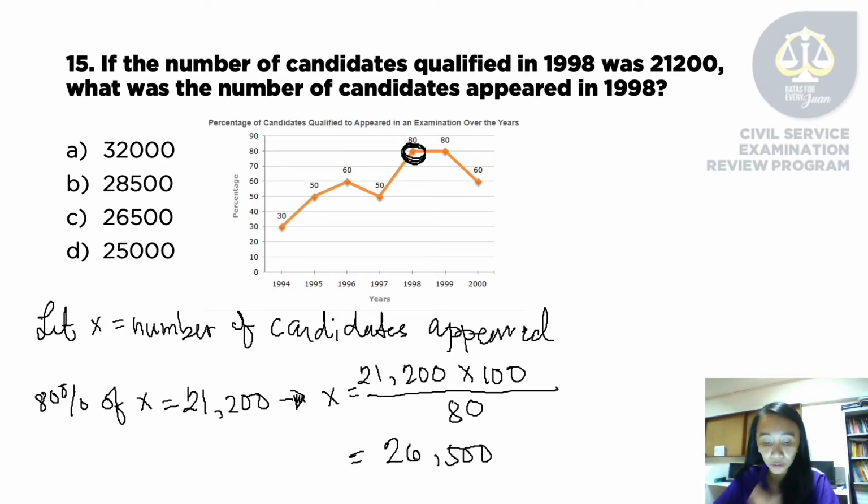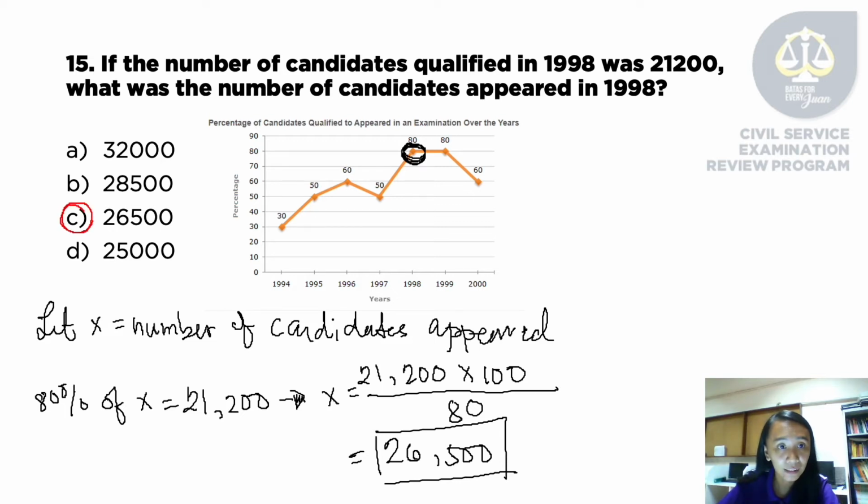So this is the required number of candidates who appeared in 1998, wherein only 21,200 passed. So the answer will be letter C.